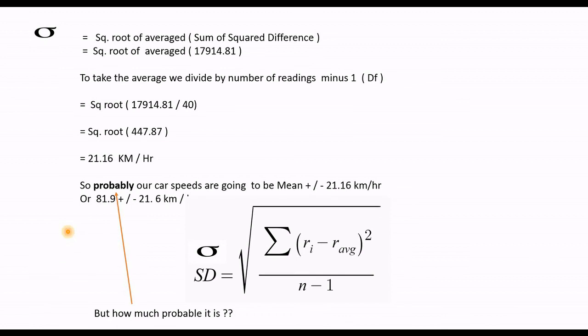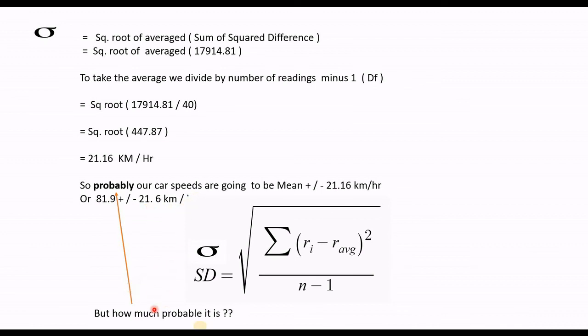Now I am using the word probably. I have put this word in bold. Probably the car that we are going to measure next in terms of speed will lie between 81.9 kilometers plus or minus 21.6 kilometers per hour.